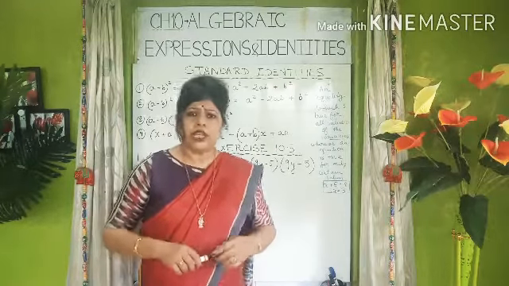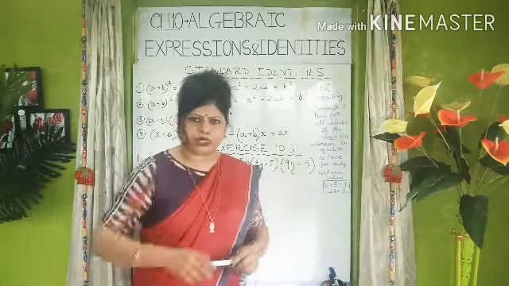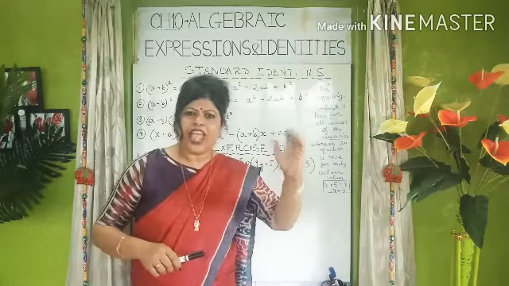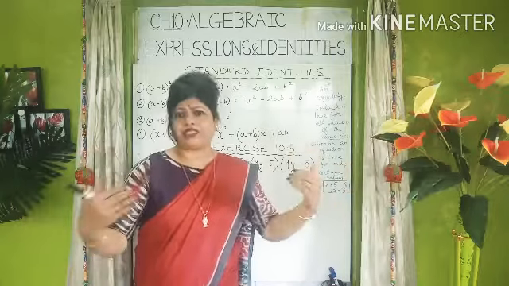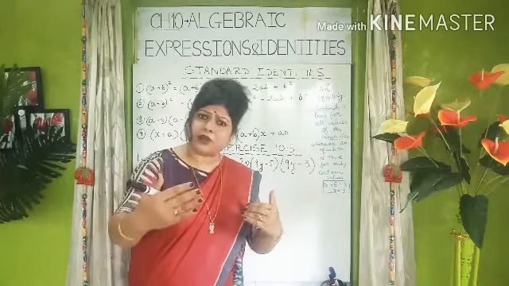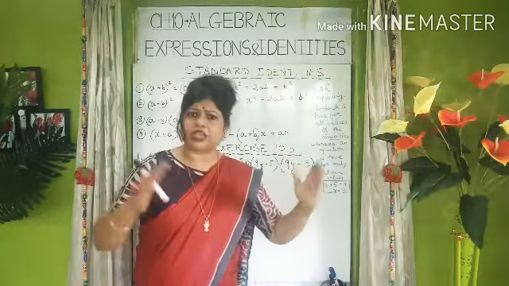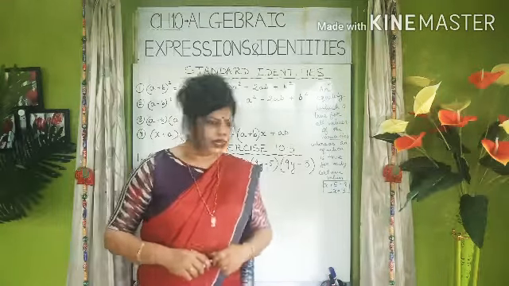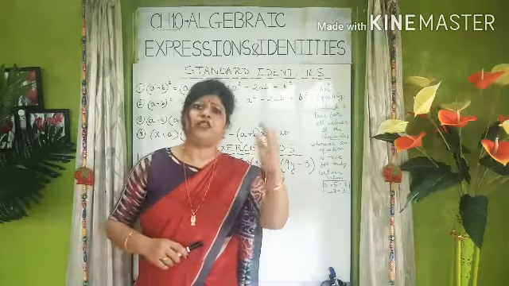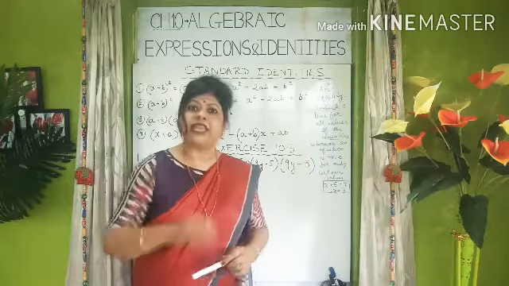Now students, before coming to identity, let me explain what an equation is. We did x plus 5, that's an expression. Anything you write, 2x plus 3, that's an algebraic expression, because we are taking numbers as well as literals. The moment I write, for instance, x plus 5 equals 8, that becomes an equation.